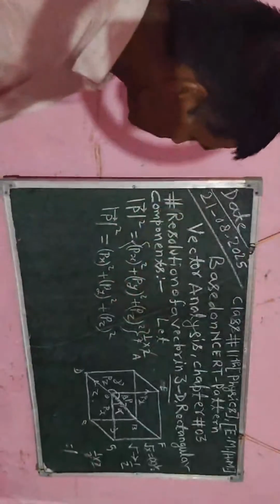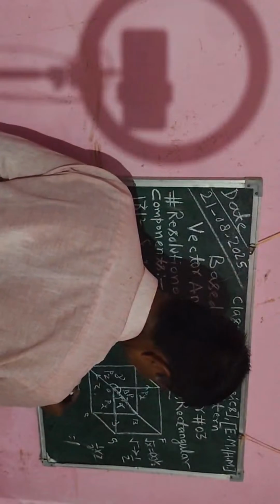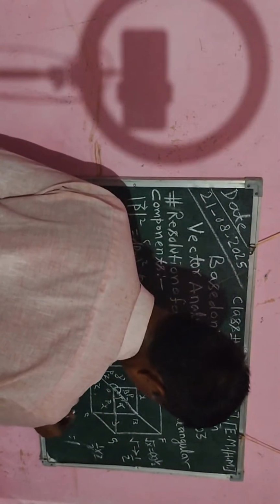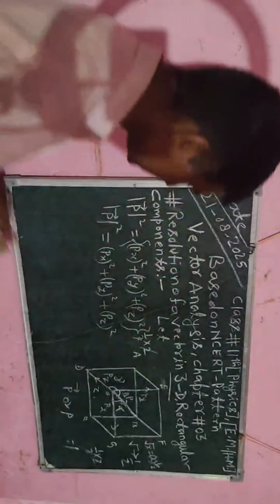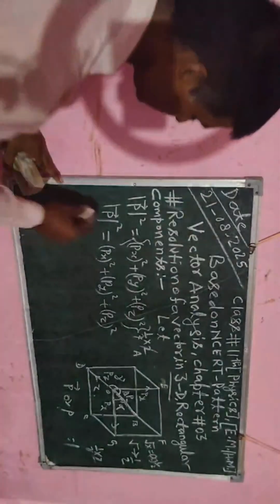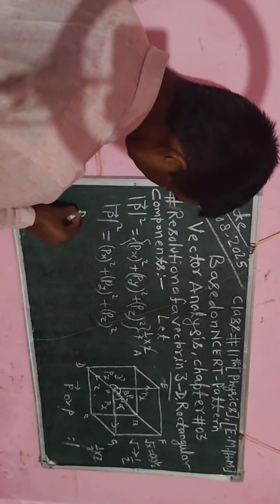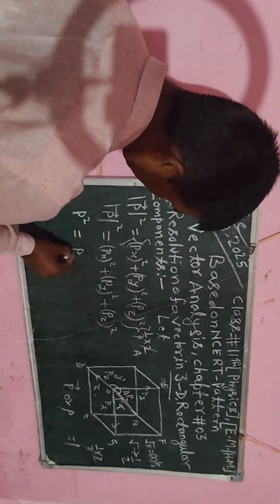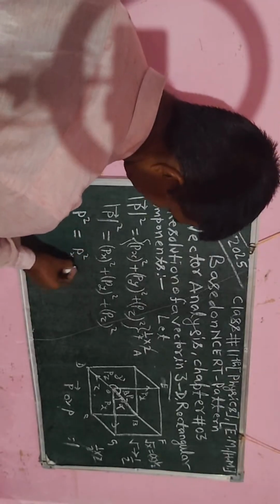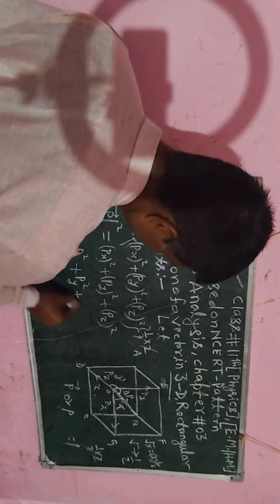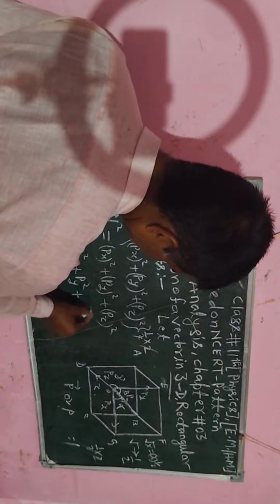Okay, so I will erase the value data, and after erasing I have to write both pieces of information. I know vector P is also written as bold P. So in the place of vector P I will write P square, which is equal to P suffix x whole square plus P suffix y whole square plus P suffix z whole square.